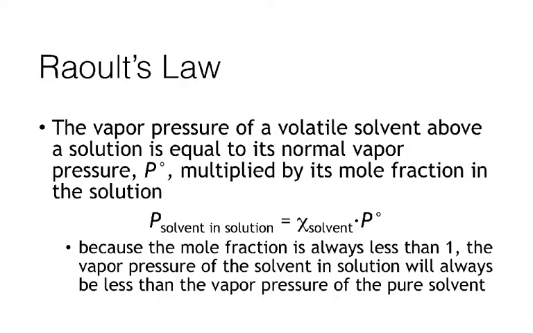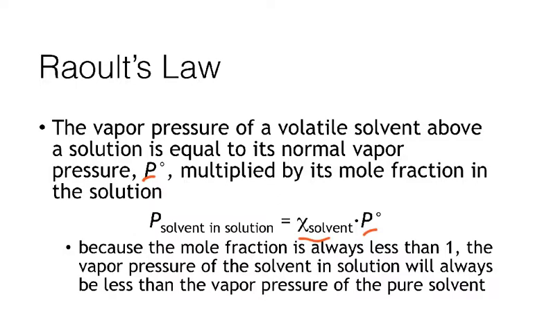We can calculate our new vapor pressure using something called Raoult's law. And what that says is the vapor pressure of a volatile solvent above a solution is equal to its normal vapor pressure, P naught, multiplied by its mole fraction in the solution.